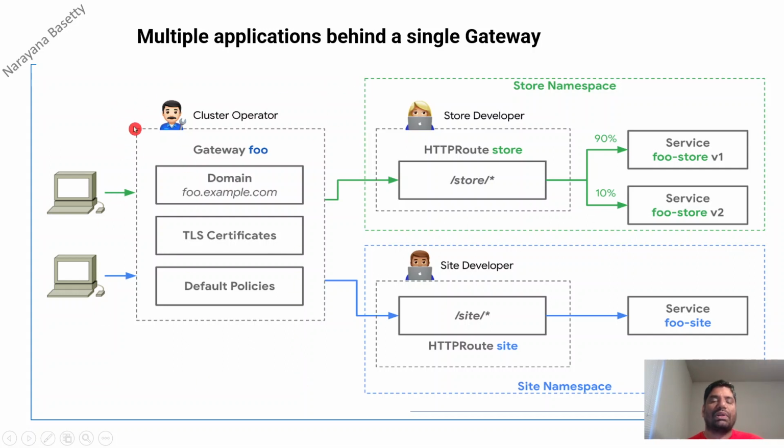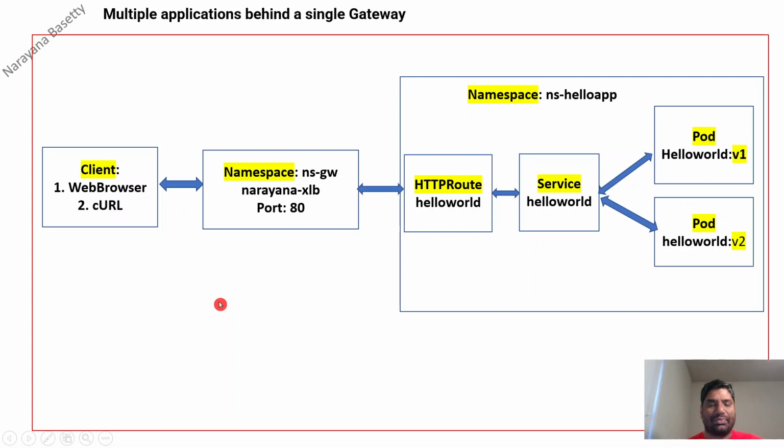The cluster operator is for cluster resources, who can control what. That is how a client can communicate with this domain, followed by the path definition, store. Then all the requests go to the store namespace, and they can put weights, and then they can dispatch the request. That is how it is.